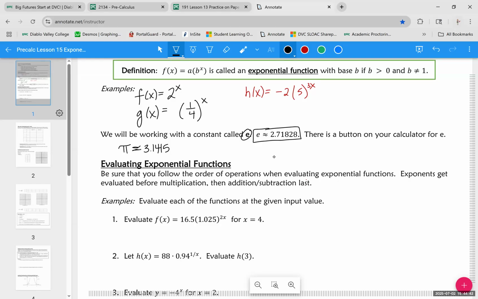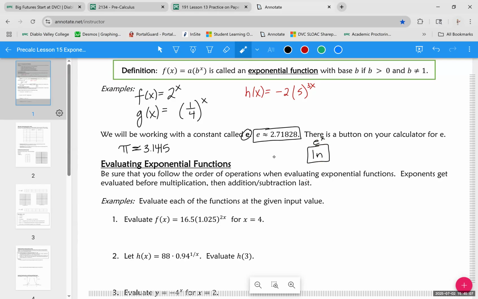And there is a button on your calculator for e. So probably on your calculator, the button says LN, and then above that, it says e to the x. And so you would have to use a second or a shift button, and you would hit that and then the LN button on your calculator, and that would allow you to do e to a power.